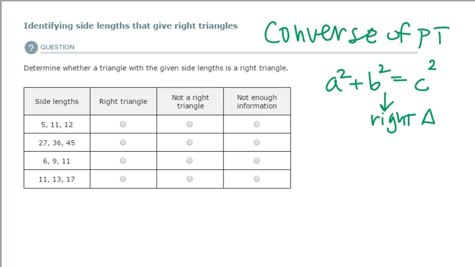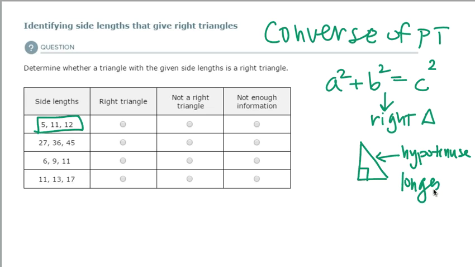So what we're going to do is we'll take our first set of numbers, and I'm going to plug them into the formula. Now, one thing you need to know is on our right triangle, your hypotenuse right here is the longest side.